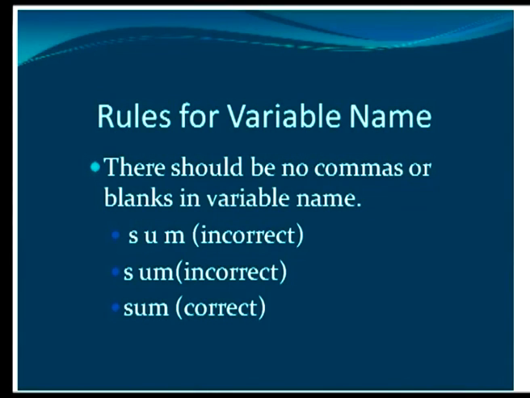There should be no commas or blanks in variable name. For example, if you want to use a variable with the name sum, then S space U space M is incorrect, because space is not allowed in the name of a variable. Similarly, S space UM is also incorrect, while sum with no spaces or commas is a valid variable name.